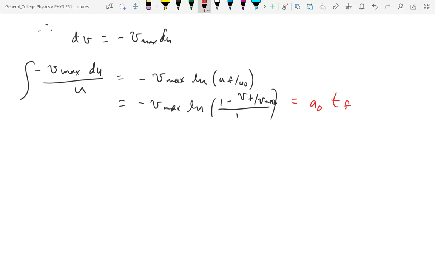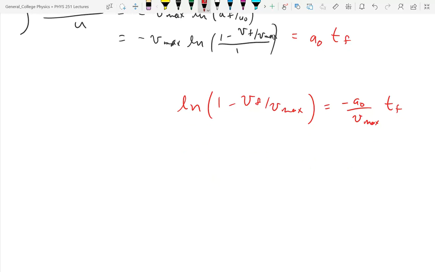Now I need to rearrange this. Natural log of 1 minus v final over v max is equal to minus a0 over v max t final. Get rid of the natural log by using the exponential function, that's the inverse function of natural log.